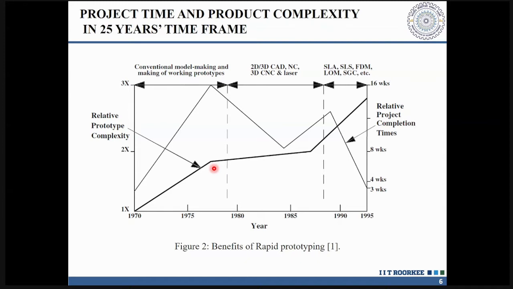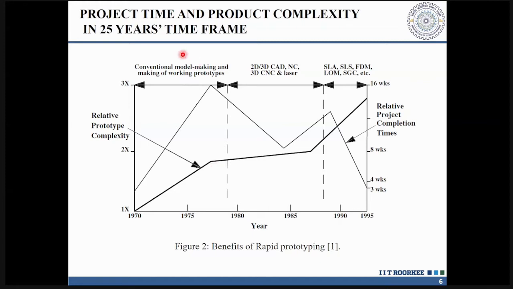So we came across something called concurrent engineering, where everyone, the designer, the shop floor manager, the foreman, sat at a single table, so that prototype manufacturing is fastened and we can deliver the product to the market in very little time, at an affordable cost. So concurrent engineering came into existence.